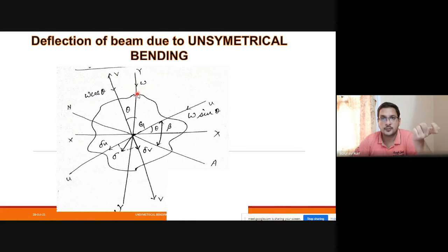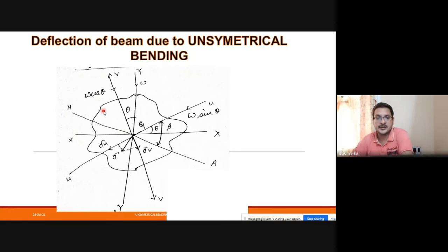W can be a point load, W can be UDL, any form of loading. If W is acting in the YY direction, and we have the angle of inclination theta, the load W is divided into two components: along the UU axis we have W sin theta, and along the VV axis we have W cos theta.